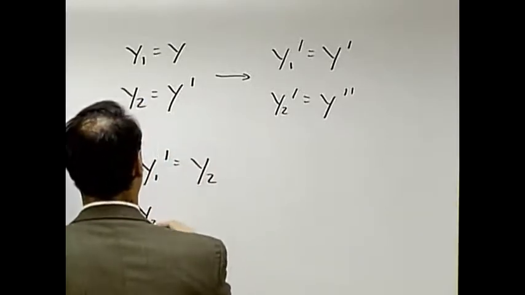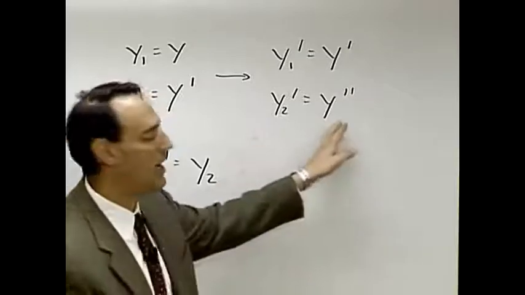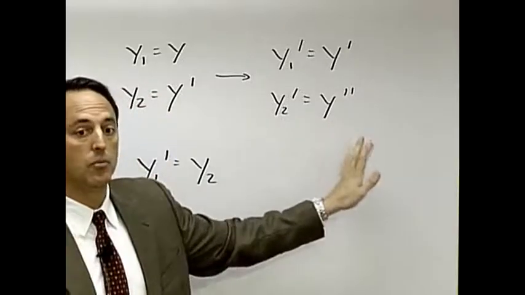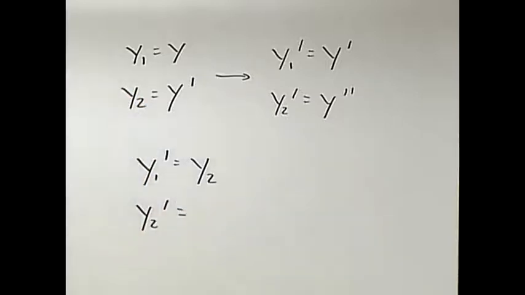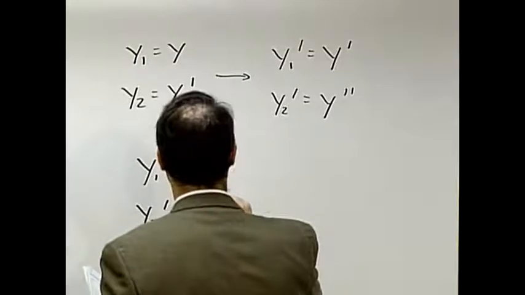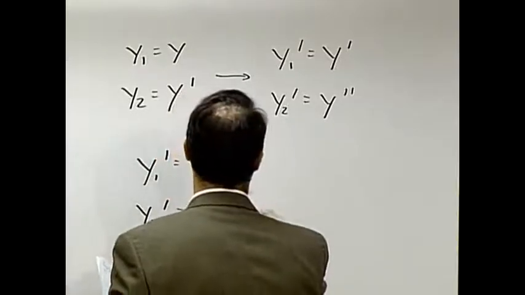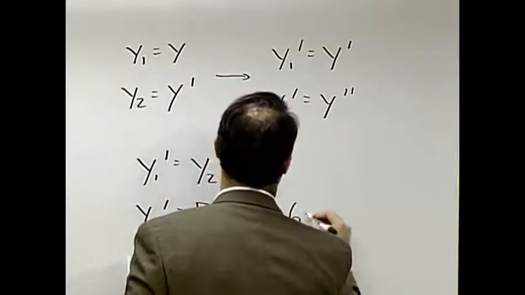And then I have y2 prime is equal to y double prime. But what's y double prime? Well, I know what that is, because that's in my equation. I can come back over here and look at it. y double prime is 5 minus 3y prime minus 6y. I can move this to the other side, and if I do that, I get 5 minus 3y prime minus 6y.